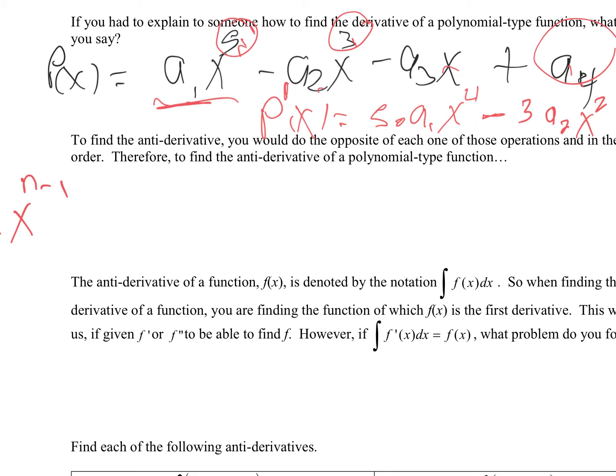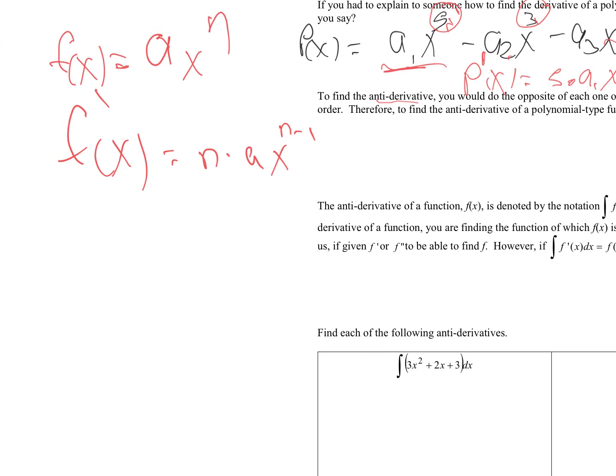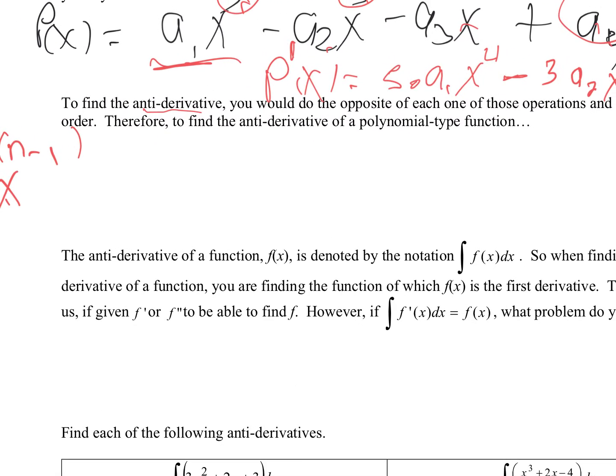So to find the antiderivative, we need to go back to the formula. It's n times a times x to that power. So now we're going to do the antiderivative, which means we're going to do the opposite.